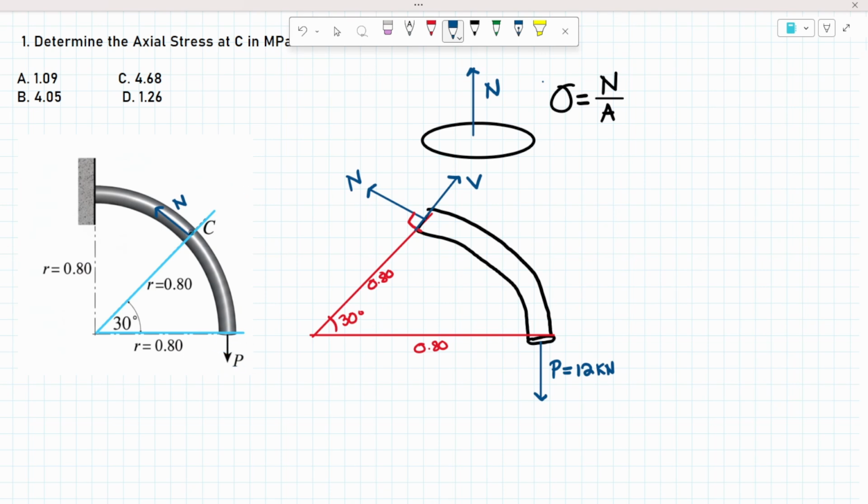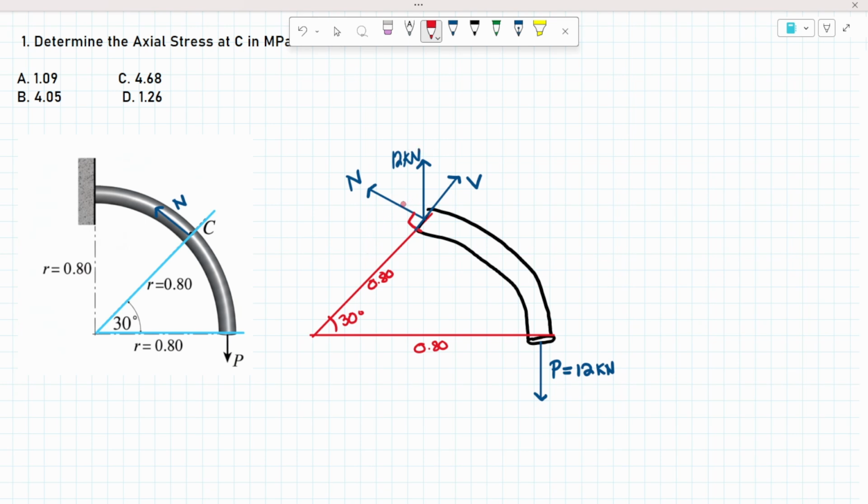So magkakaroon dito ng reaction, opposite reaction. So equal sila ng 12 kilonewton, but opposite lang in direction. So this is 12 kilonewtons. And let me erase this one. Okay. Now, our goal here is to solve for N. Kasi once we have solved for N, we can now solve for the axial stress. How do we solve for N?